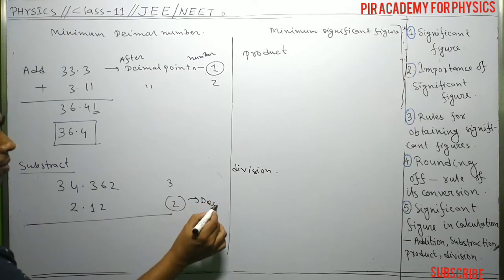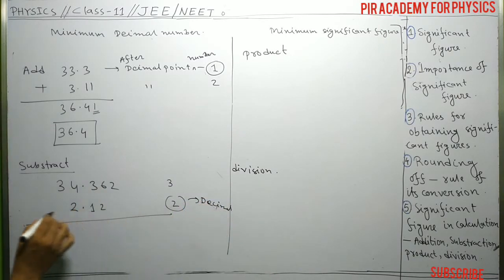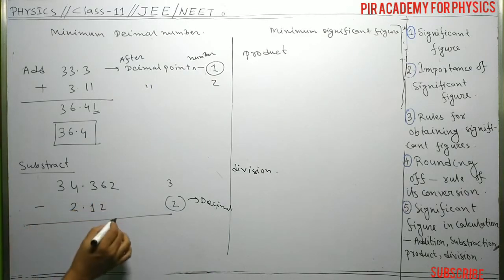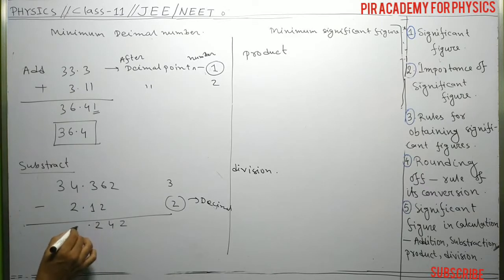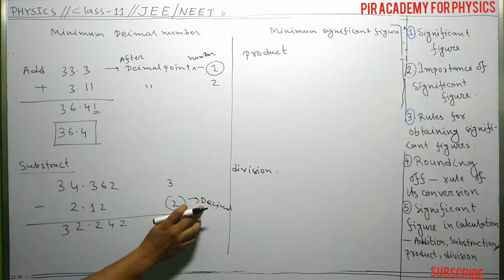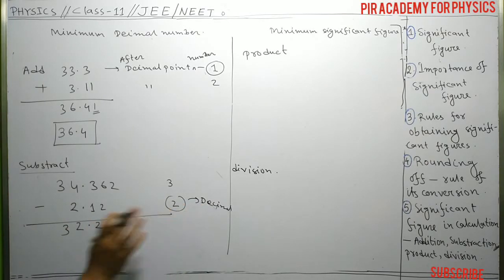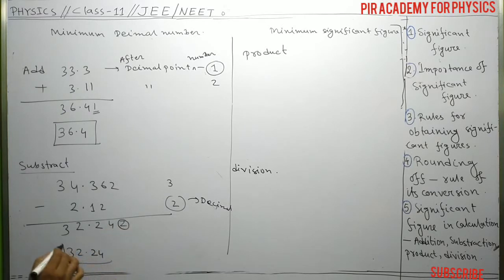If you subtract, the result will be 32.242. You have to write the minimum decimal places. That means after the decimal it must be 2 digits. Because the omitted digit is less than 5, it will be 32.24. This is the rule of subtraction in terms of significant figures.